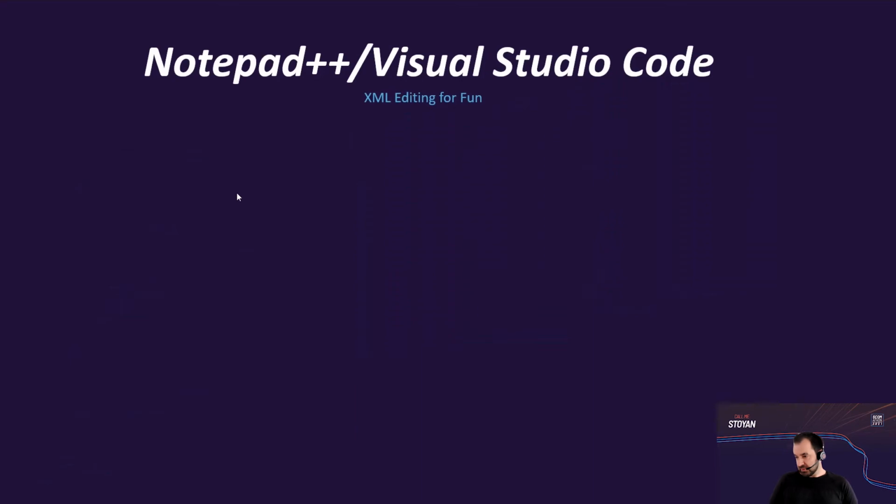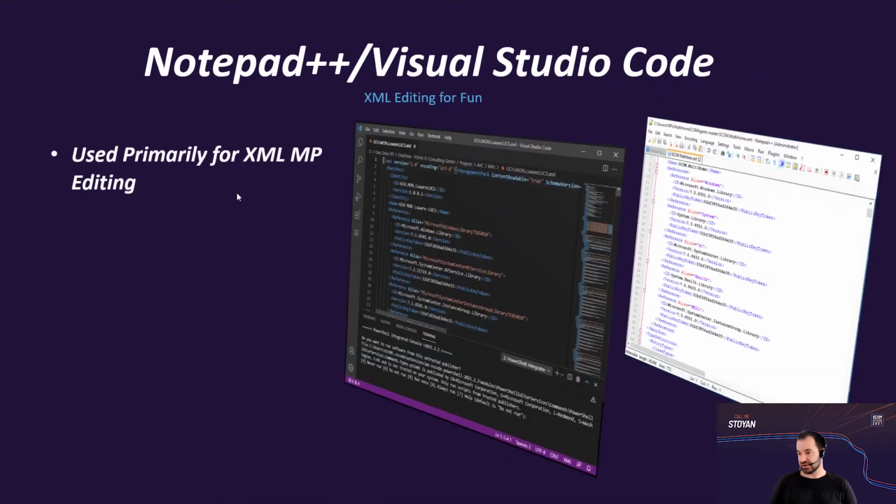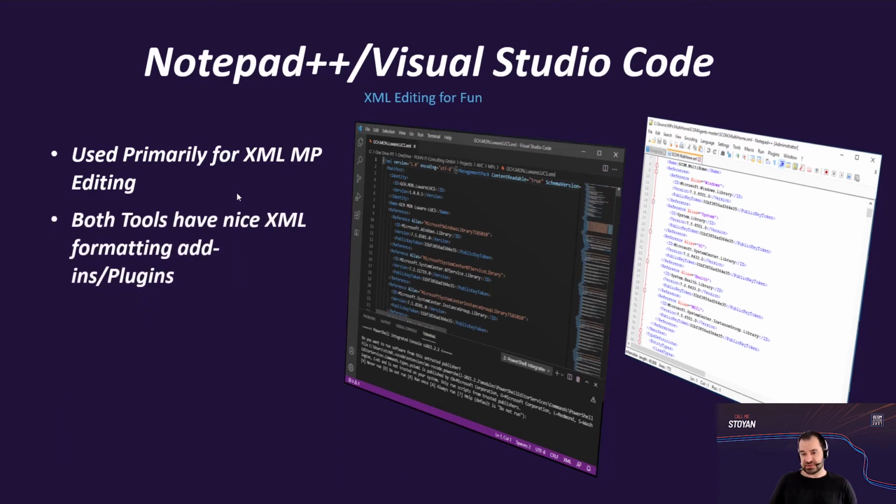And when we are talking about authoring, of course, we cannot continue without mentioning those two guys, Notepad++ and Visual Studio Code, which are really great if you're doing basic XML editing for management packs. And of course, they both have nice formatting add-ins or plugins, so to say, which will help you with getting the structure right or the schema right.